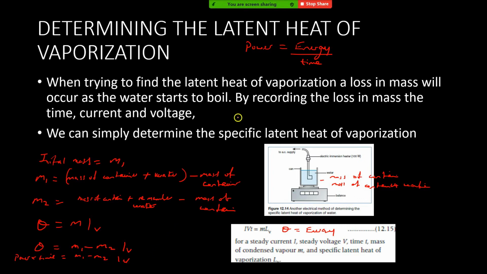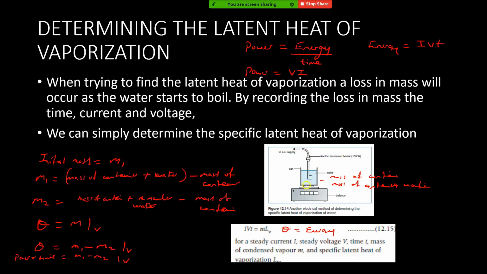Now, but remember that power from an electrical standpoint is equal to V times I. So at the end of the day, we could just simply write our energy as I times V times T, right? Or we could even write it the other way around, but it doesn't matter. So this is the energy.